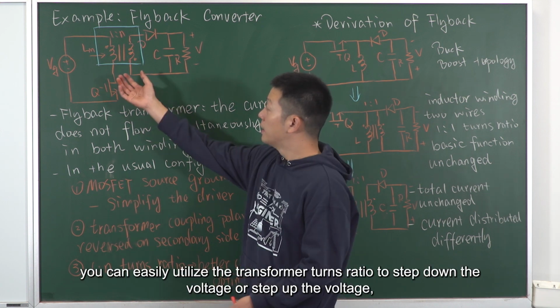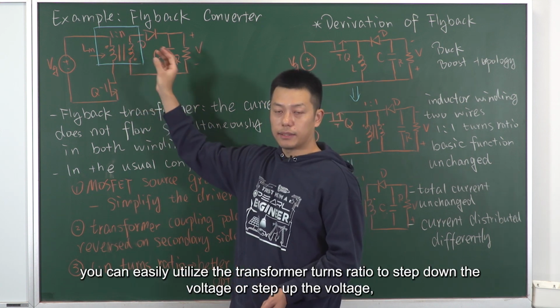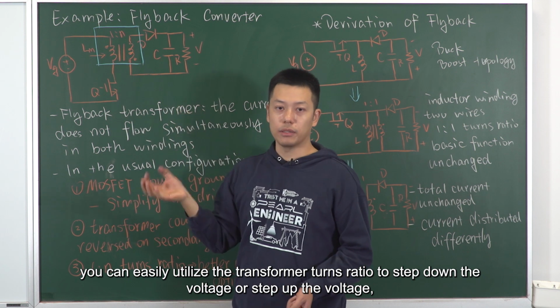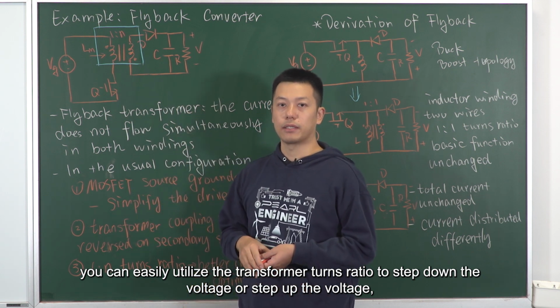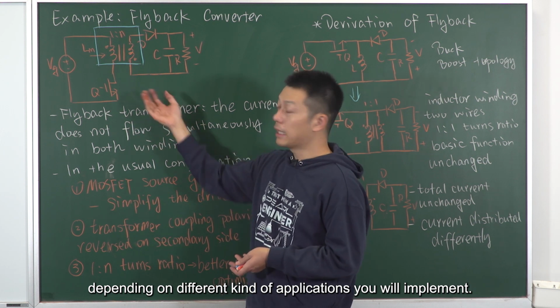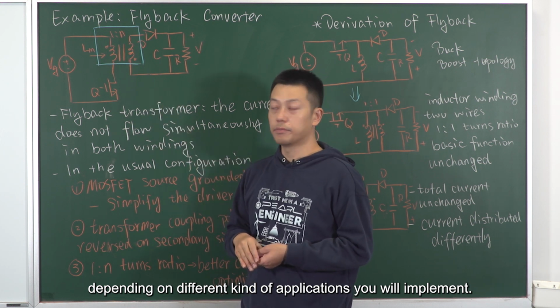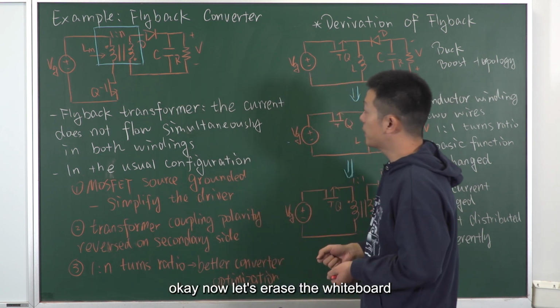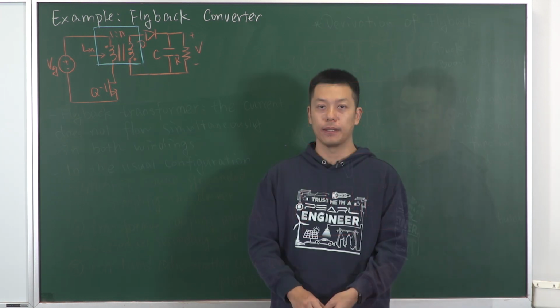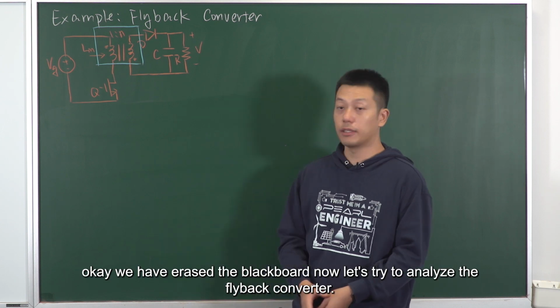You can easily utilize the transformer turns ratio to step down or step up the voltage, depending on the application you will implement. Okay, now let's erase the whiteboard. We have erased the board.